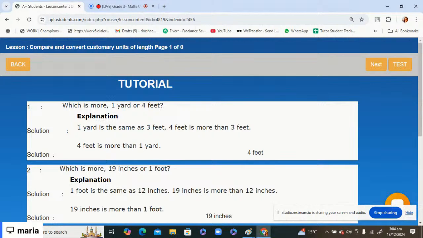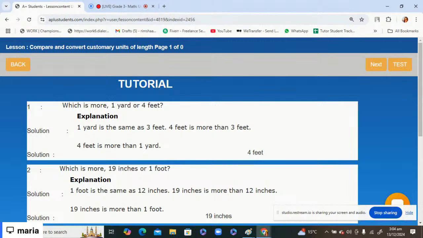First of all, the metric units are kilometers, meters, centimeters, millimeters. And the cubit or the yards are not fixed in length. They vary from person to person.